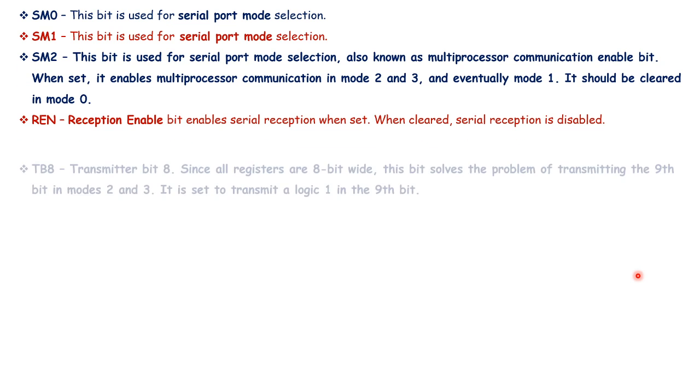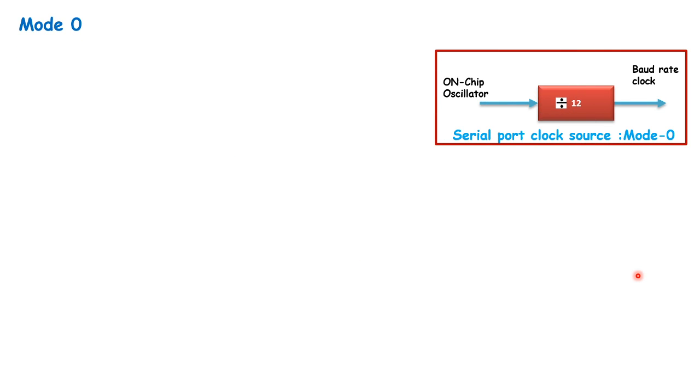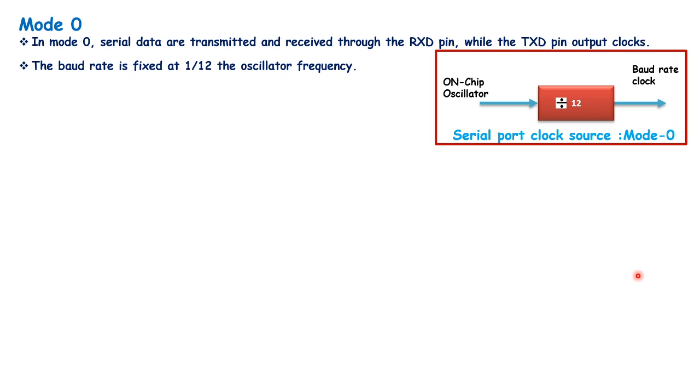Now, the functions of these bits we already discussed in the last lecture. We are now focusing on the modes. So what is mode 0? In mode 0, serial data is transmitted and received through the RxD pin, while the TxD pin outputs the clock.